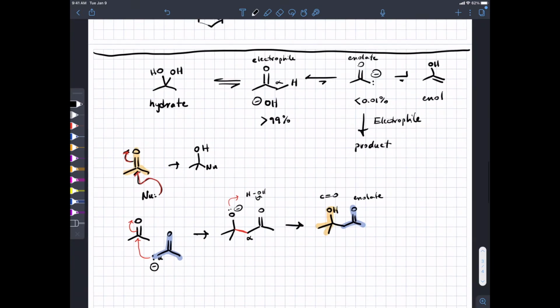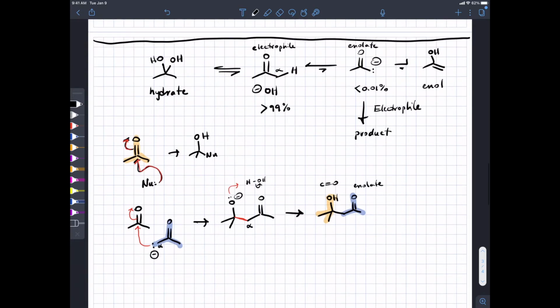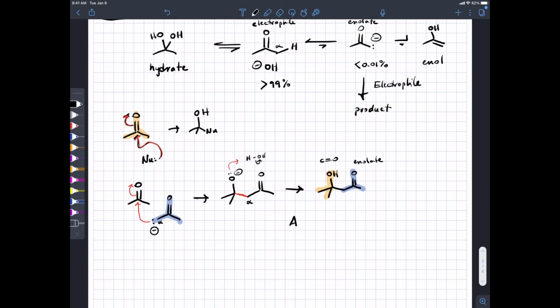Okay, and that reaction, starting from ketone and enolate, has a name, and it's called the Aldol reaction. And it's called that because I think it was originally discovered with aldehydes, and the product was an aldehyde here and an alcohol there. But the name has stuck for all kinds of different carbonyl compounds. All right. Questions so far about that?